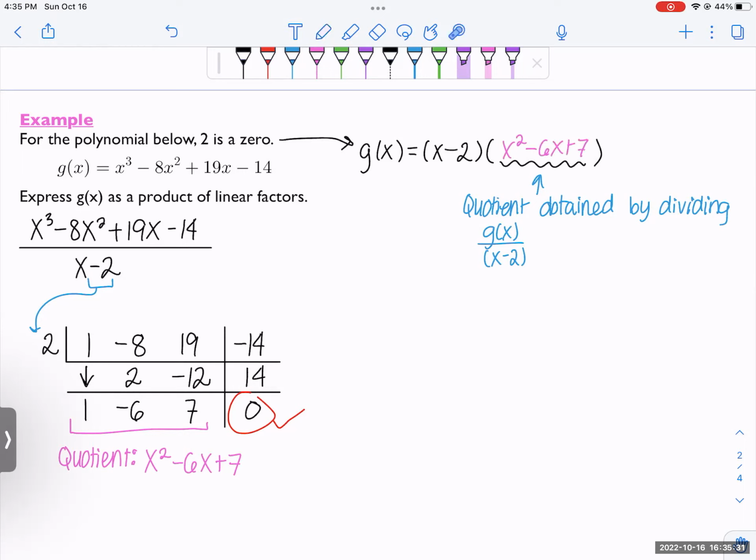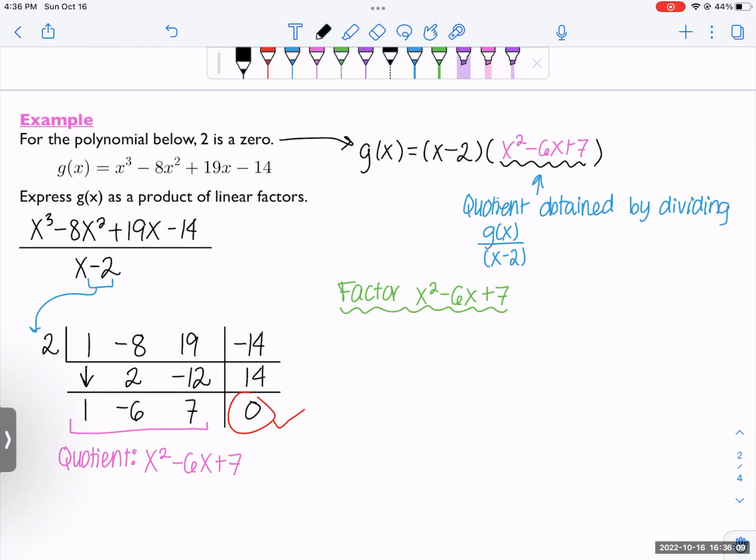We were told to express g of x as a product of linear factors, and if we left our answer like this, it wouldn't be correct because this is not a linear factor. We have to factor x squared minus 6x plus 7. Now, if you try to factor this using your typical factoring methods, it's not going to turn out.